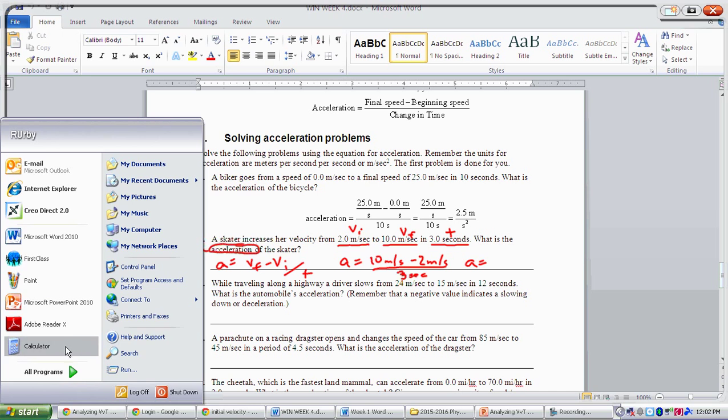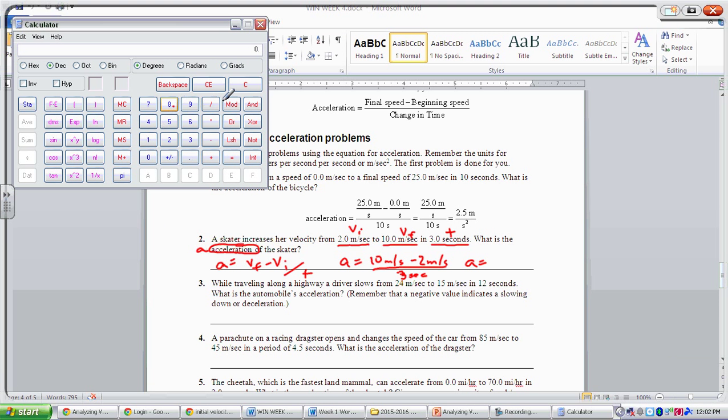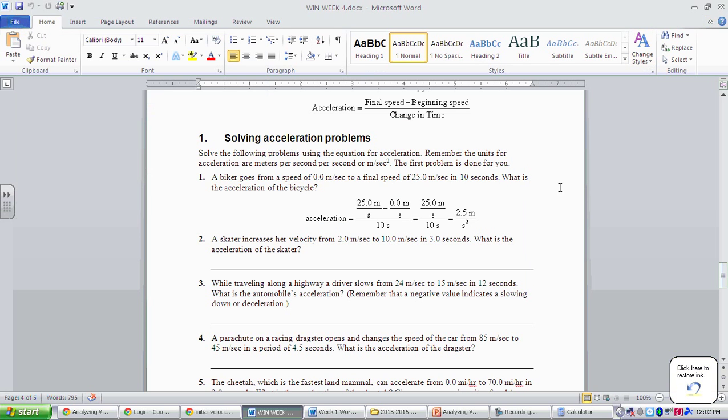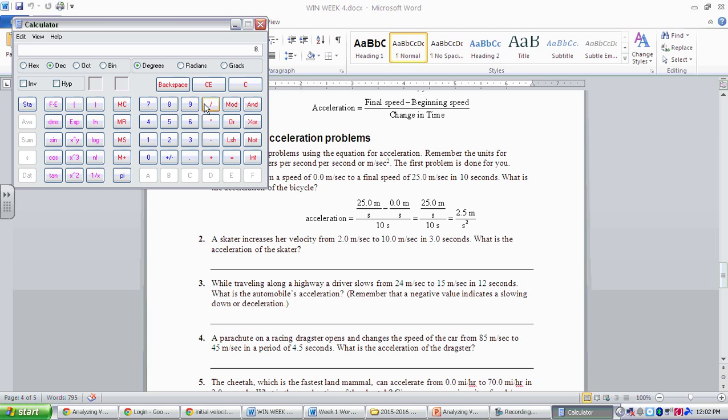And if we pull up a calculator here, 8 divided by 3 is 2.6 repeating.